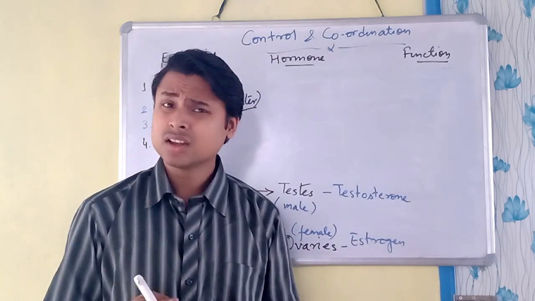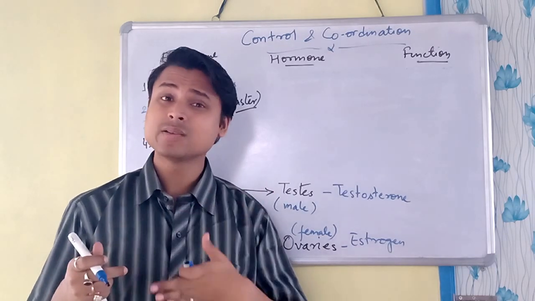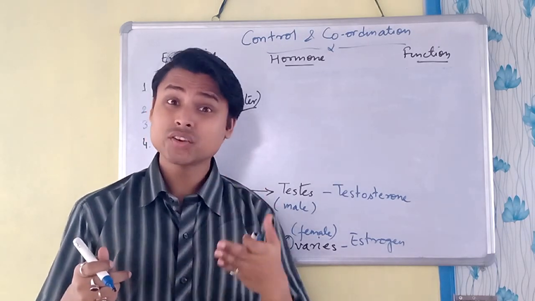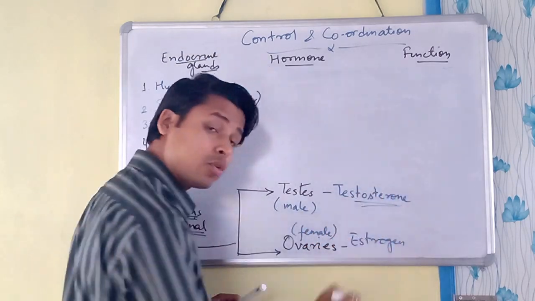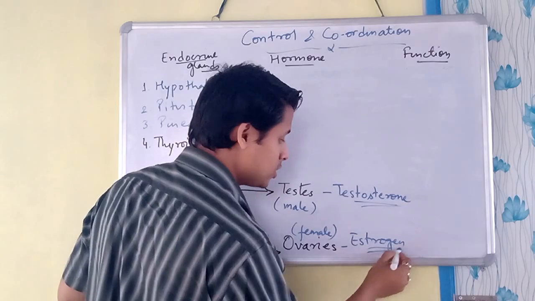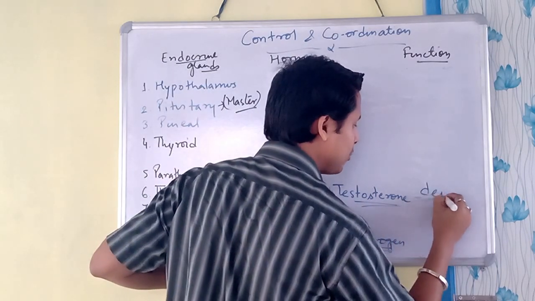You have studied in class 8 that at puberty our body develops secondary sexual characteristics, right? So these hormones get released at the time of puberty, and due to this, what happened?